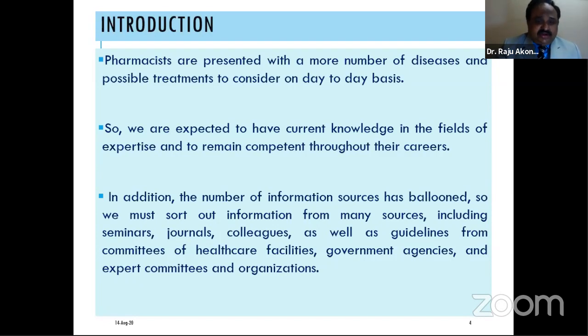So we must sort out information from many sources. You can see there are a lot of textbooks, a lot of journals, a lot of information resources available currently. In fact, they are increasing again, right? So you cannot say that everything which is published in a journal, everything which comes out of a study, is true or valid, right?